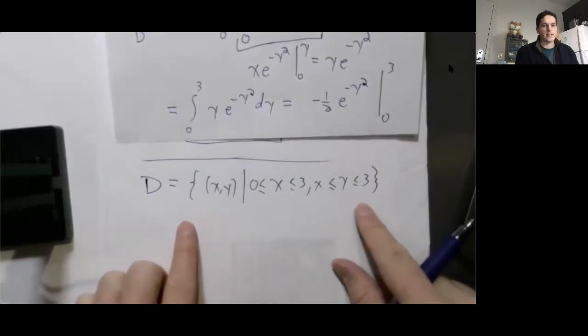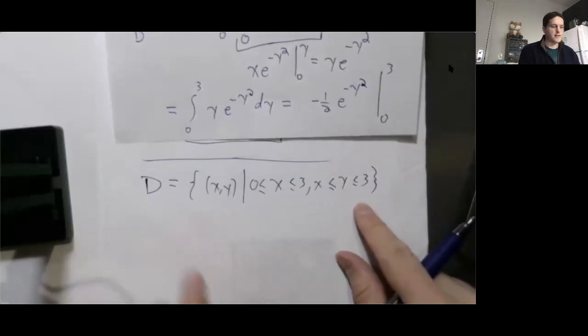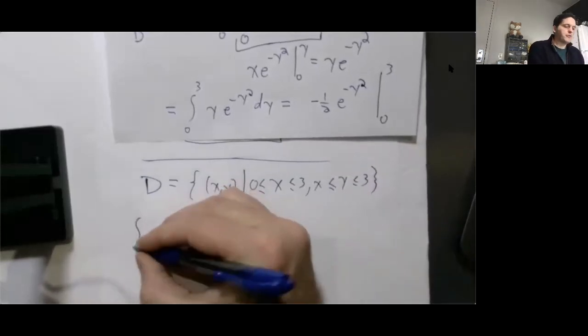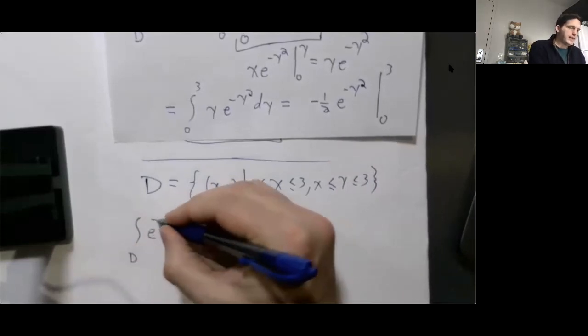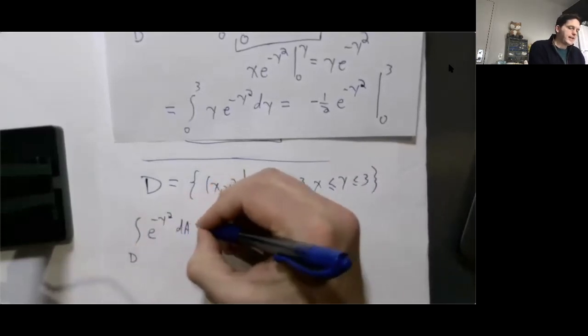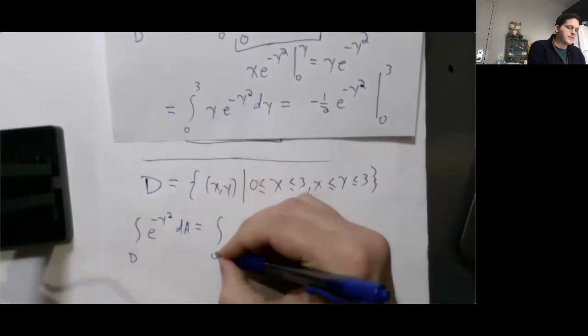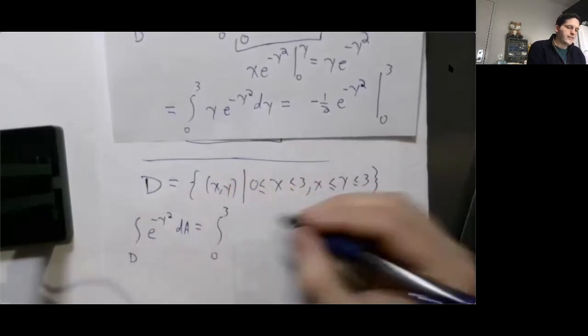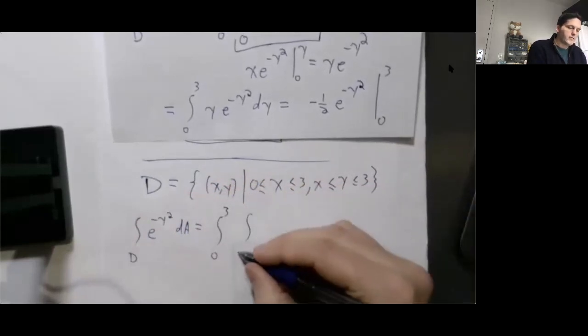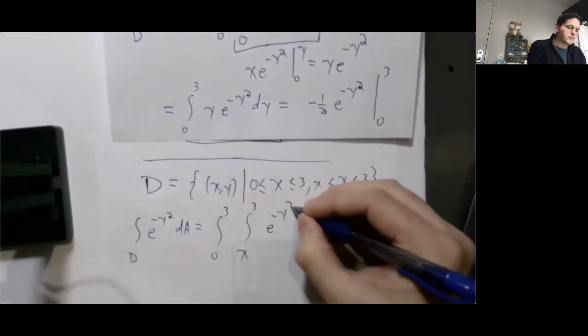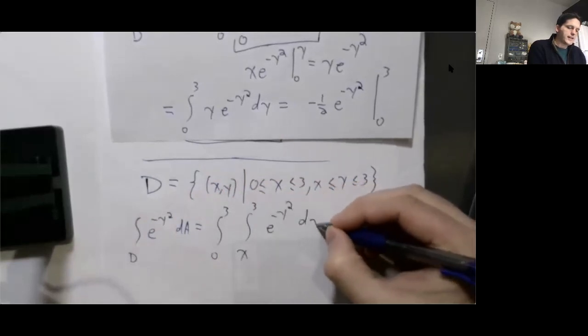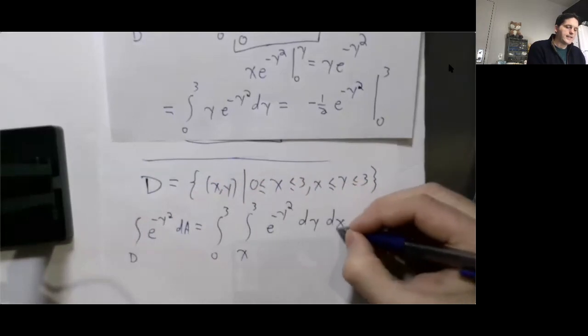So let's try to do this integral using the type 1 formula. According to the type 1 formula, the integral over D of e to the minus y squared dA is equal to the integral from 0 to 3 of the integral from x to 3 of e to the minus y squared dy dx.